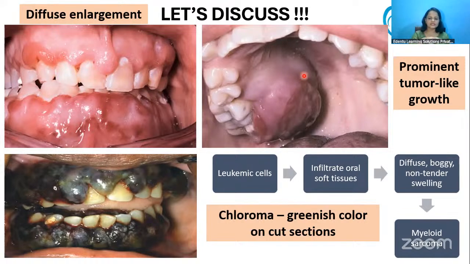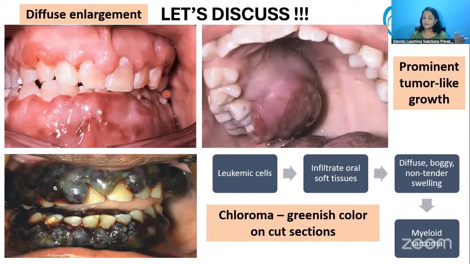These leukemic cells infiltrate the oral soft tissues and produce a diffuse, boggy, non-tender swelling like this. This is a hemorrhagic swelling, that's why this color. And the swellings that you see in acute myeloid leukemia patients are called myeloid sarcoma.